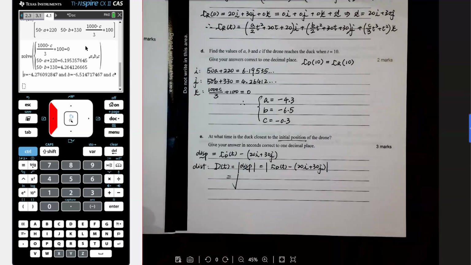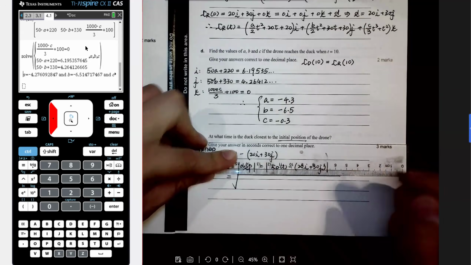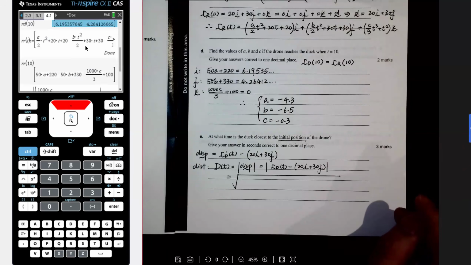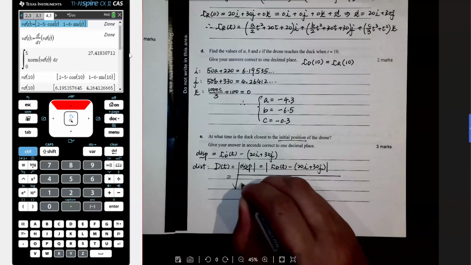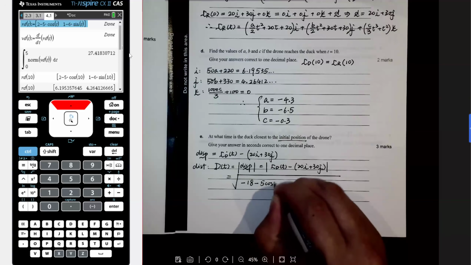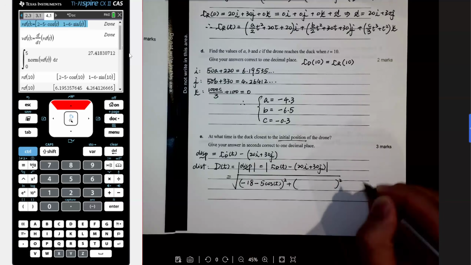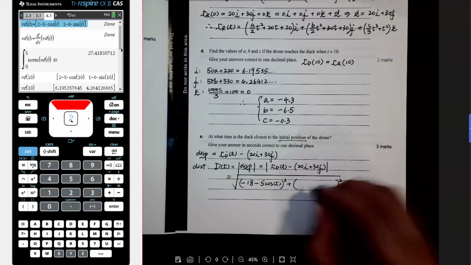So you probably need to construct, let's say, a distance function. In this case, if you look at the equation, okay, so if I have that, 2 minus 5 cosine t minus 20, so I should have minus 18 minus 5 cosine t, squared, plus 1 minus 6, take away 30.